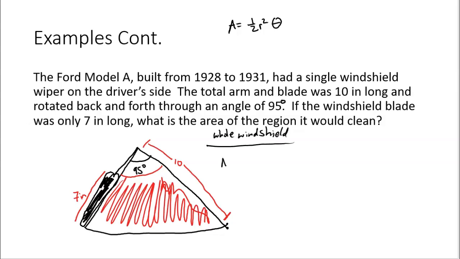I'm going to say my area is 1/2 times 10 squared. And again, it's in degrees, so I need to multiply the 95 by pi over 180. So 95 pi over 180.